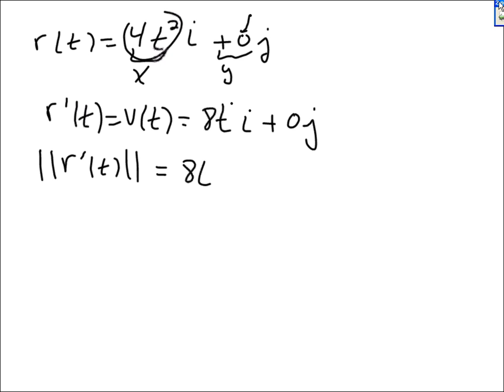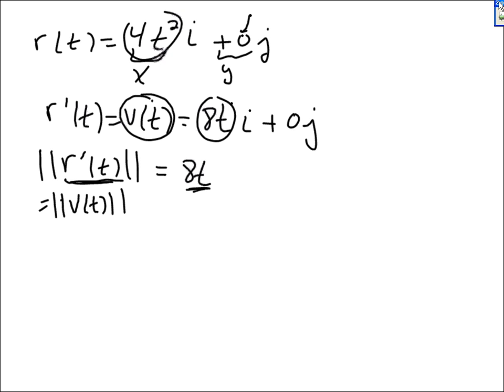It's just going to be that. Okay, but that's the speed. It changes. Plug in different values for t, get different values of the speed. Remember, this is r prime, the magnitude of the velocity. Okay, it's 8t. It changes.